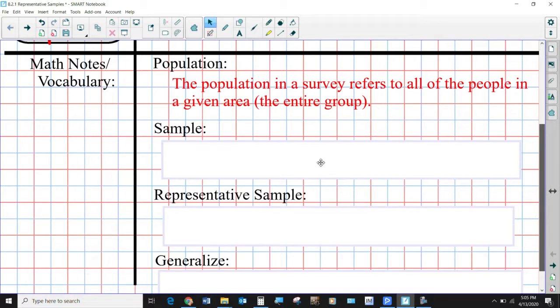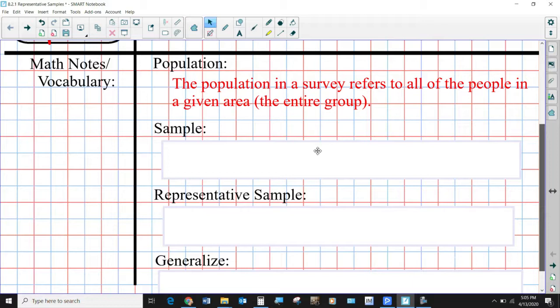So drawing on what we learned about experimental probability and theoretical probability. Remember back when we were talking about, if you can't figure out what the theoretical probability is, if you do an experiment, the more you do the experiment, the closer your experimental probability will come to the true theoretical mathematical probability.